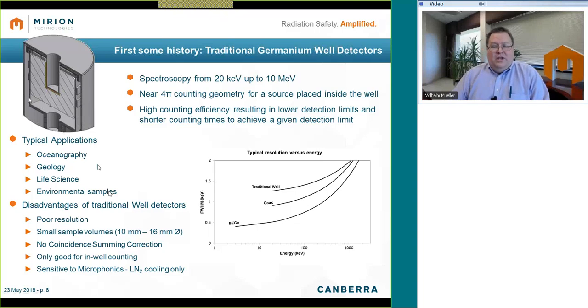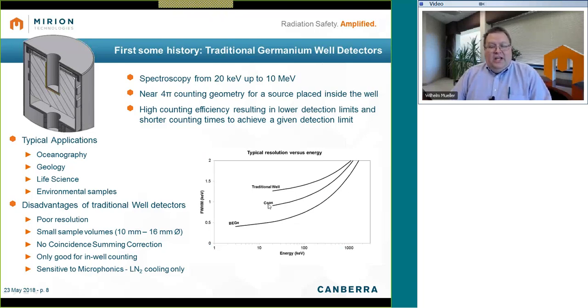This is illustrated in this figure, which plots the full width half max energy resolution versus energy for different types of detectors. Our BEGe detector, which is a low capacitance type detector, has the best energy resolution for a given model type, and that's represented here with this line.